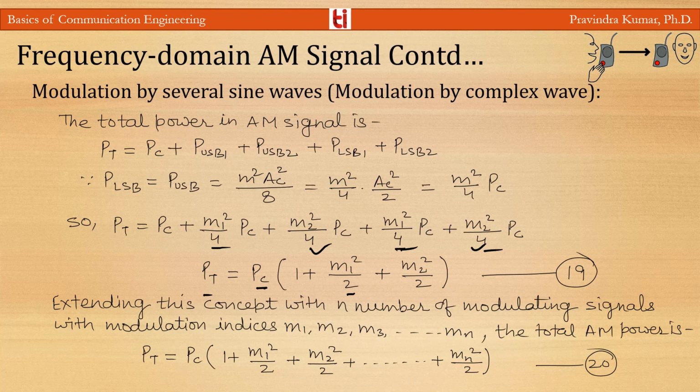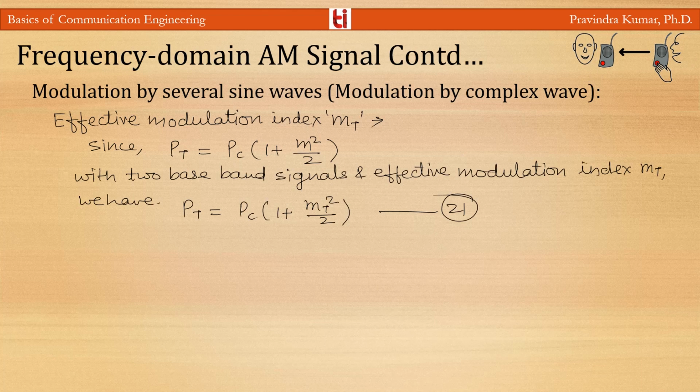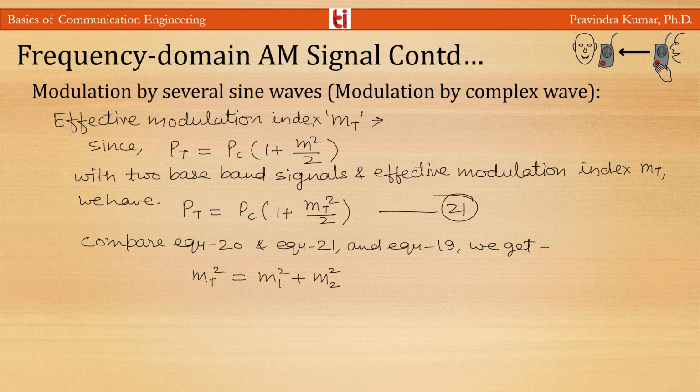Now the effective modulation index, mt. Since Pt is equal to Pc[1 + m²/2], you know this, with two baseband signals the effective modulation index gives Pc[1 + mt²/2], and here mt² is basically m1² + m2² when we are using two modulating signals.